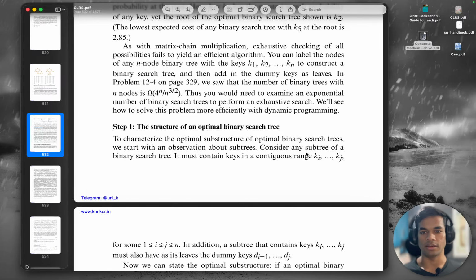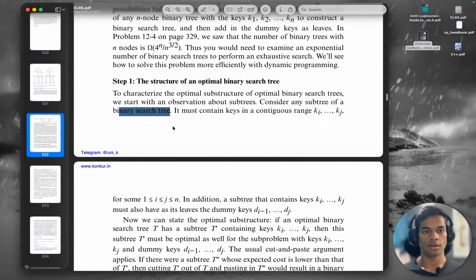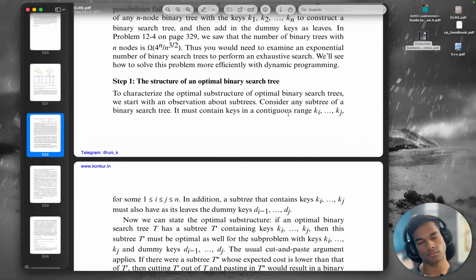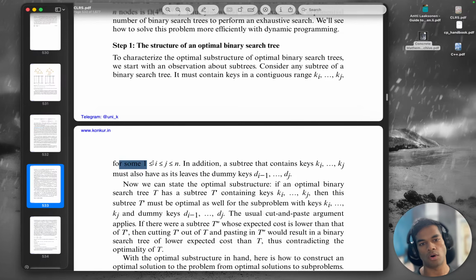Consider any subtree of a binary search tree. It must contain keys in a contiguous range, for some i, j.